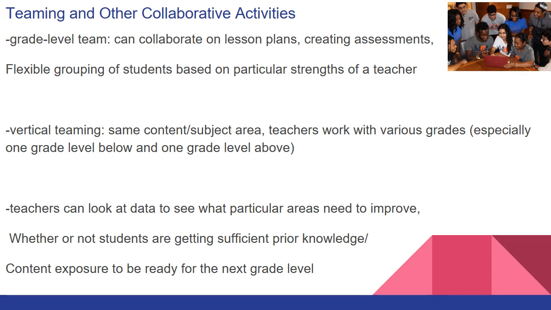What's really important about vertical teams is that you pair at least teachers one grade level below and one grade level above, so that teachers can understand and discuss whether or not they are effectively providing the sufficient prior knowledge for it to be effective in the next grade level.